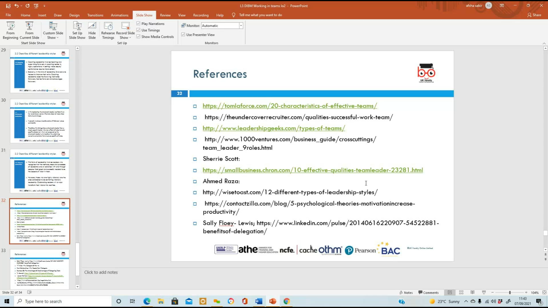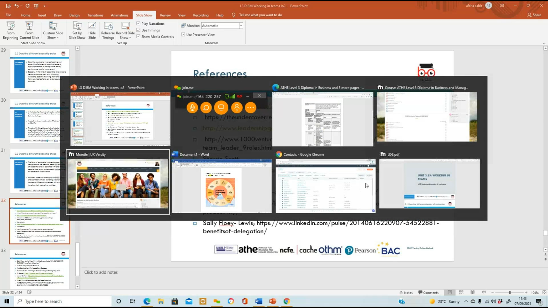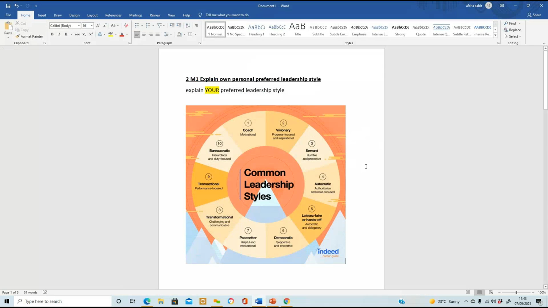Now, for the assessment, I'm not putting too much down because it's quite simple. Because you've looked at different leadership styles, for 2M1, explain your own personal preferred leadership style. You're just going to choose one of those styles. What do you like?